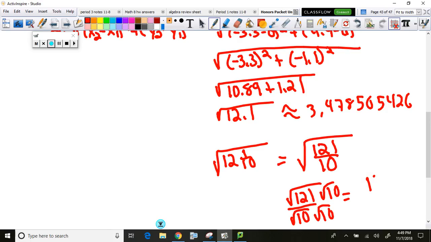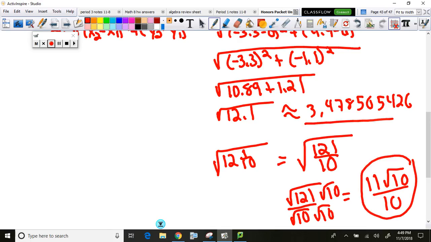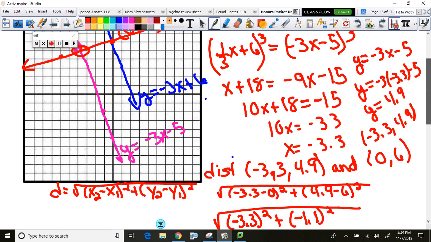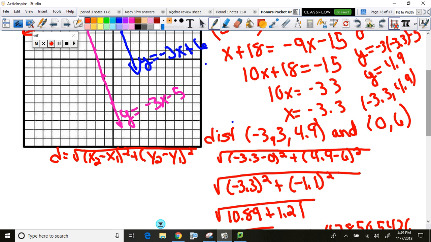So that's 11 radical 10 over 10. And if you multiply that, you should get the exact same decimal. So this is in simplest radical form. This is our decimal. So that is finding the distance between two parallel lines and the distance between a point and a parallel line.